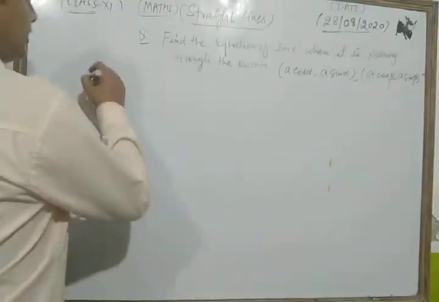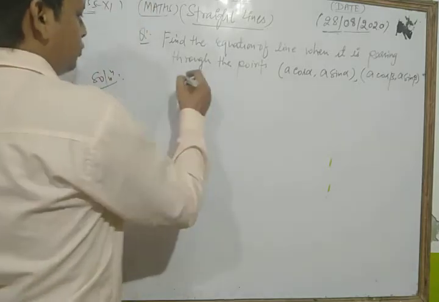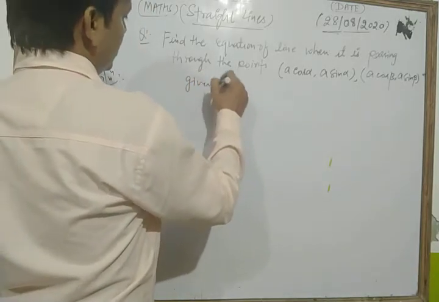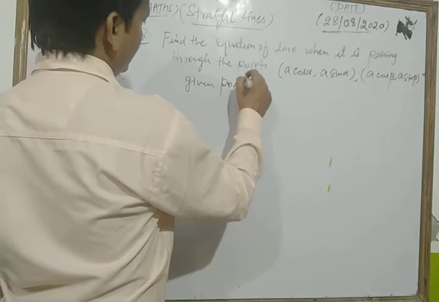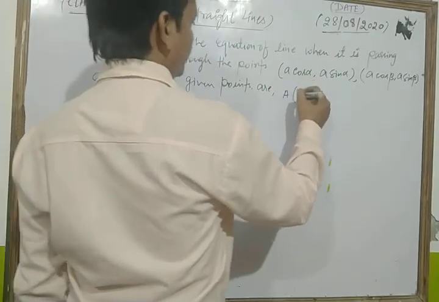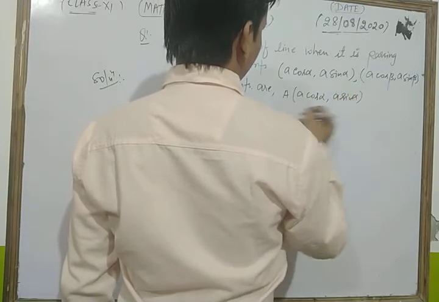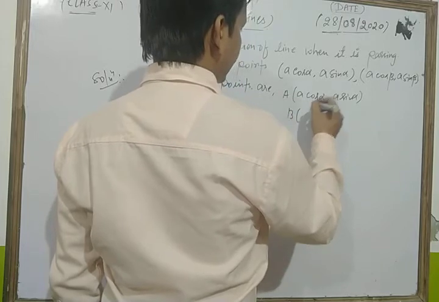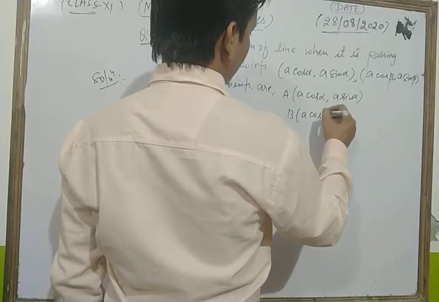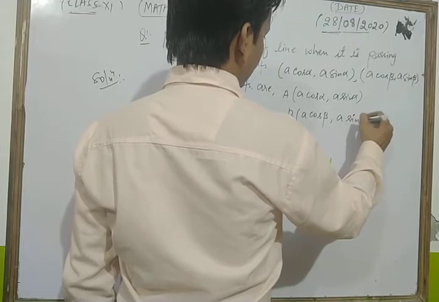Now let's see its solution. Dear students, the given points are: let us take A as the first point, a cos alpha, a sin alpha, and another point B as a cos beta, a sin beta.